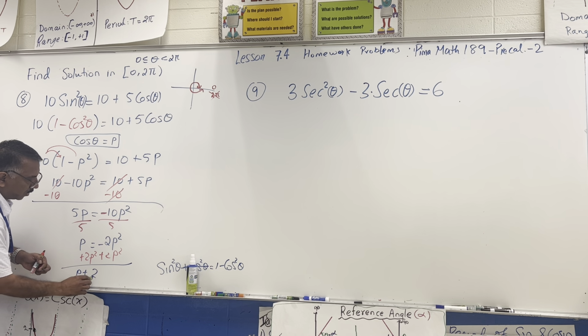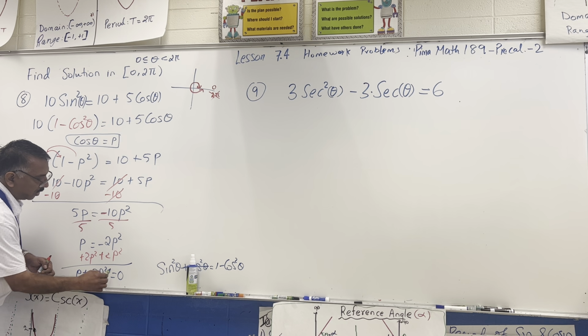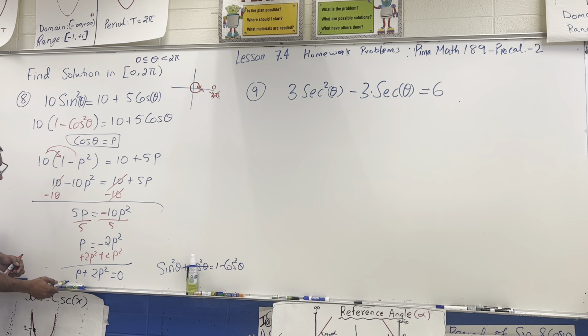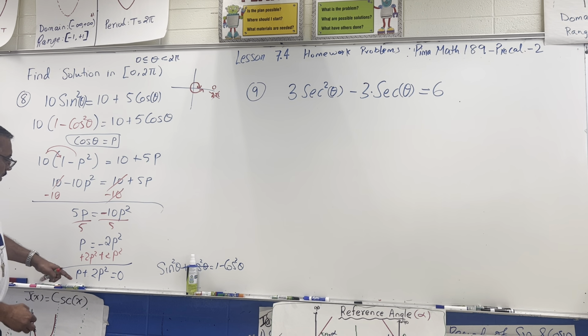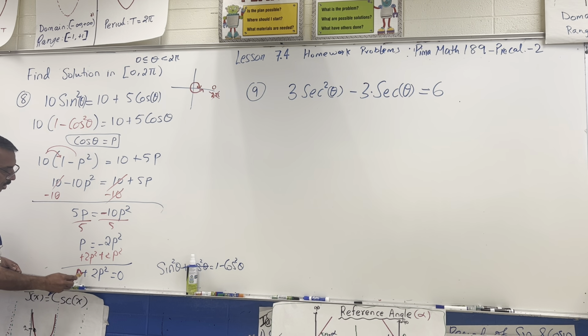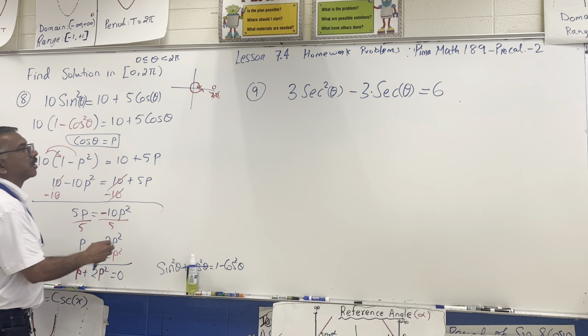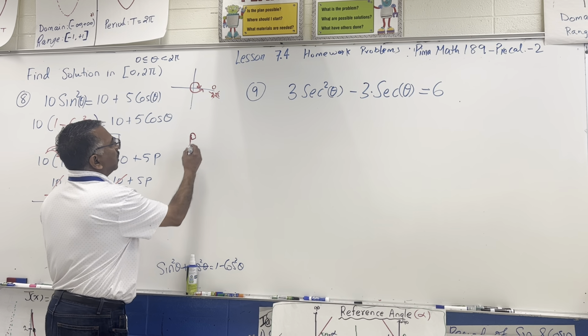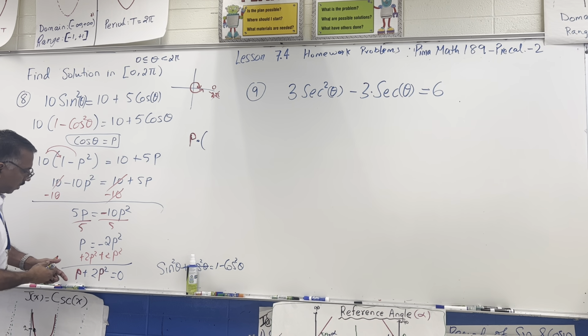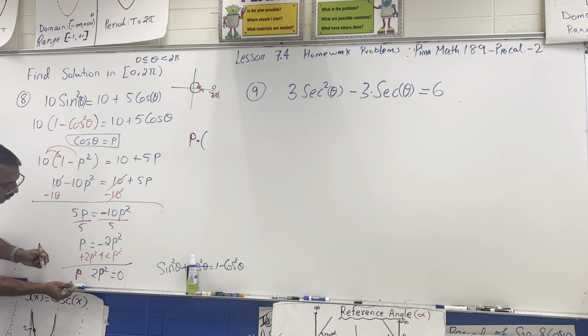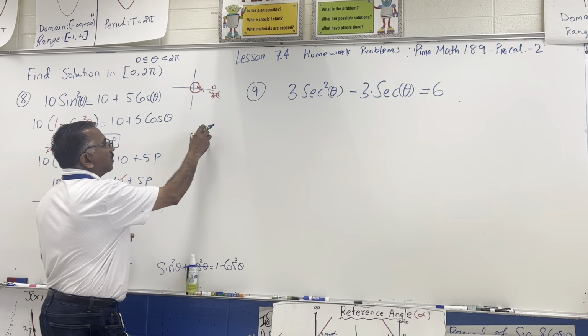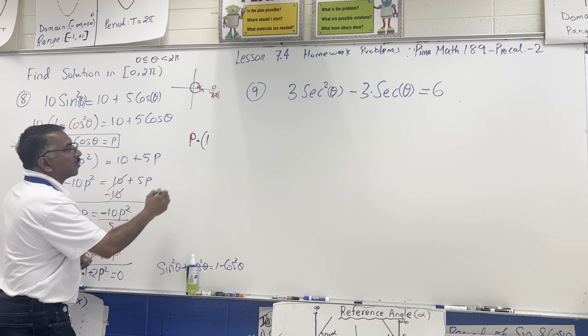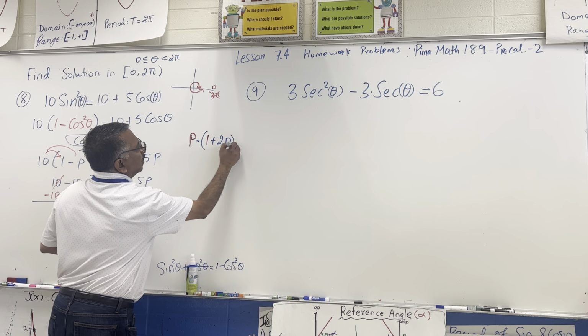So this will be p plus 2p squared equals 0, and then you can use the distributive property. There's a p here, and this is p squared, so one of the p's can be taken out. I'll take the p outside, times what stays here: p times 1, so 1 stays, plus 2p, equals 0.